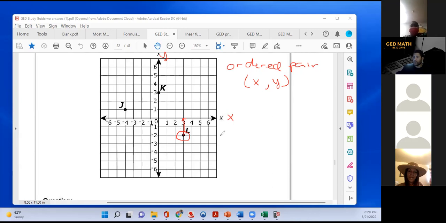3. So in parentheses, because that's how an ordered pair must look, 3, comma, then I come over to my Y. What's my Y? 2. Negative, nope. Negative 2. Okay. For this point here, again, my X is first. So I have to come down to my X-axis. What's my X? Negative 4.